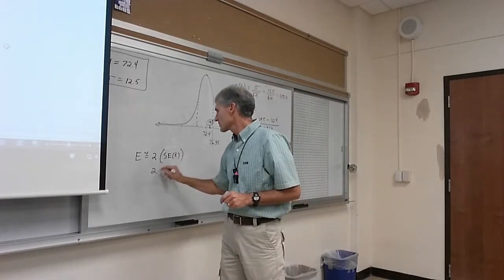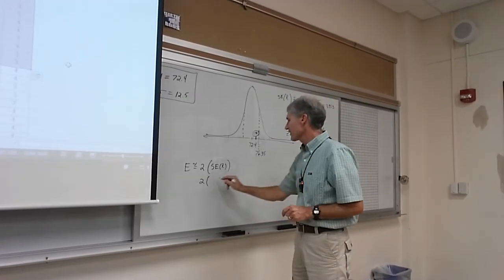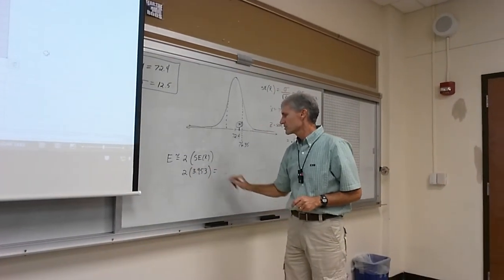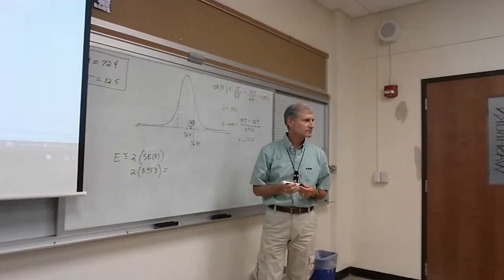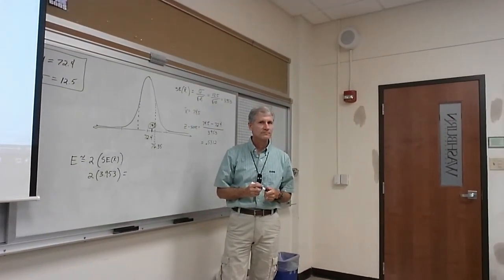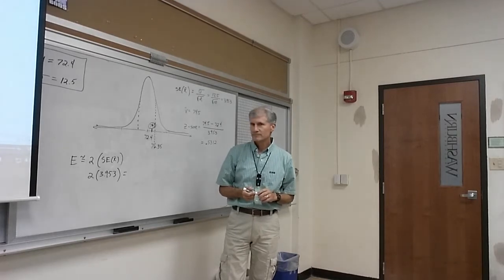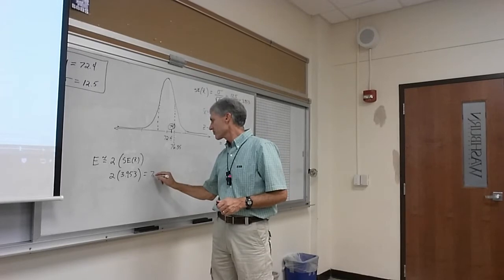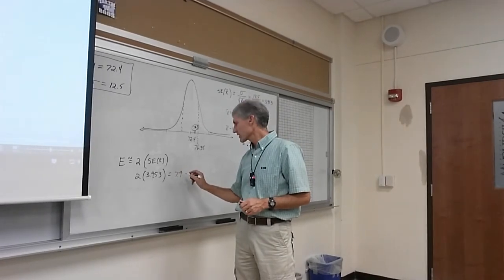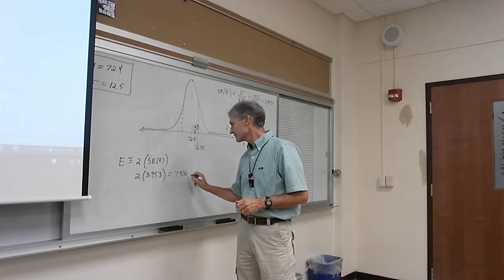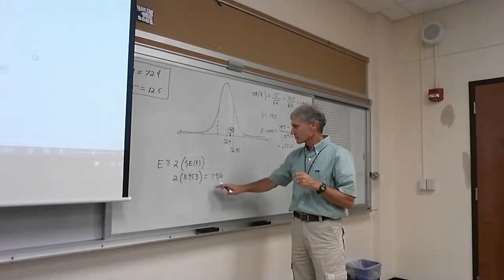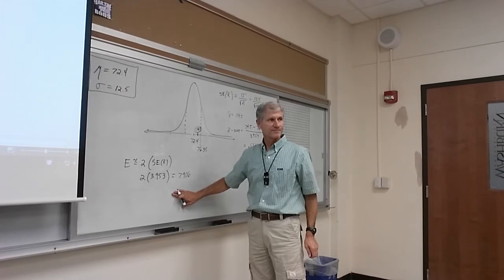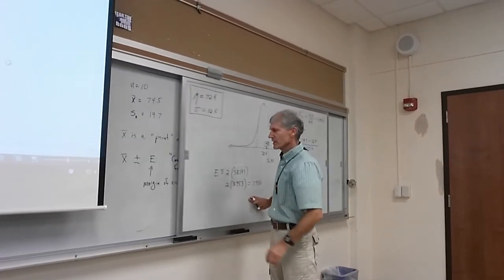So 2 times 3.953 gives you what? 7.906. Okay? And I guess we'll go ahead and keep 3 decimal places of accuracy. So there's my margin of error. Now we're going to firm that up for you in a little bit.